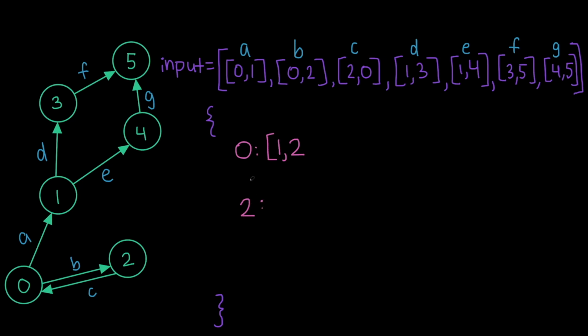You can notice I'm leaving a space because we may want to fill in something there later. But all we're going to do is create an array, and we know that if we're starting at 2, which is what this key represents, we can end up at the 0 node. And the reason I'm not closing these arrays is because we don't really know if we're going to be adding more numbers there. So I'm just going to keep it like that for now.